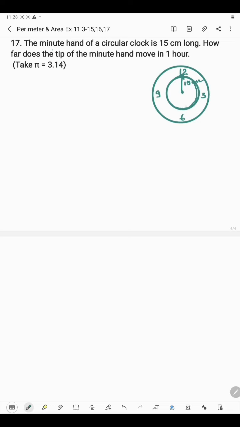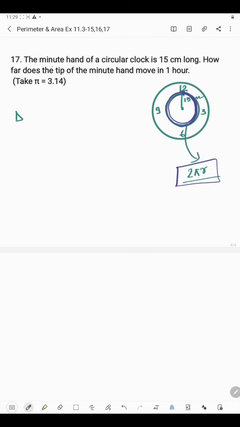That means we have to find 2 pi r to find the distance covered in 1 hour, because after 1 hour it is forming a circle. This is the total distance of the circle, so to find the distance covered in 1 hour by the minute hand, we need 2 pi r.